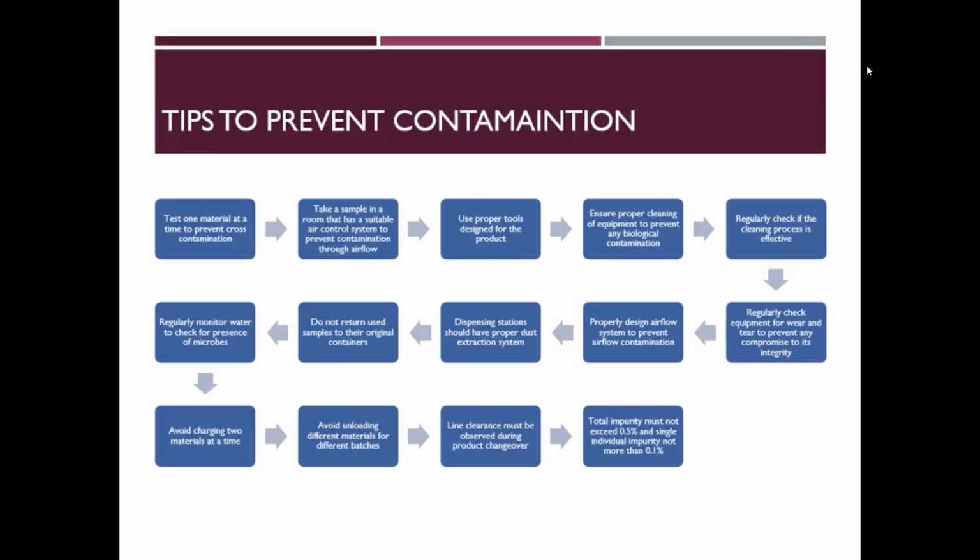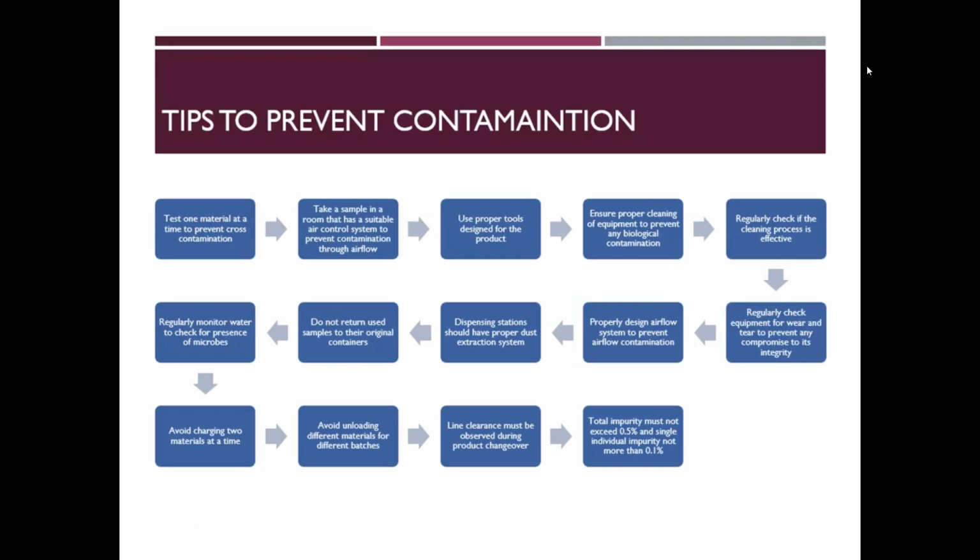Tips to prevent contamination again, these are just some pointers in case you ever need to think about these. Some of these might help. One thing would be to test one material at a time to prevent cross-contamination. Take a sample in a room that has a suitable air-controlled system to prevent contamination through the airflow. Use proper tools designed for the product. Ensure a proper cleaning of equipment to prevent any biological contamination.